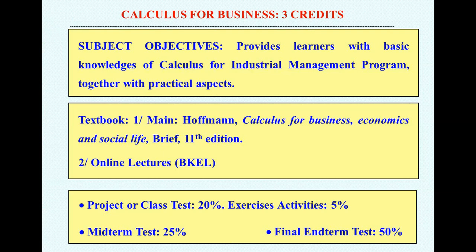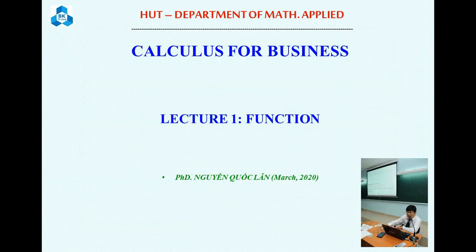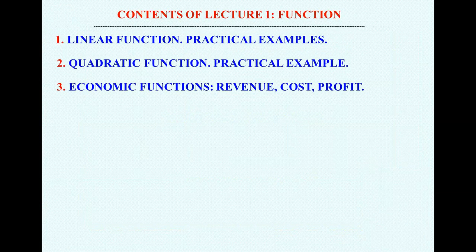First, the project or class test 20%, with exercises activity 5%, the midterm test 25%, and the final interim test 50%. Now, let's go to the first lecture, function, which has 3 small paragraphs.